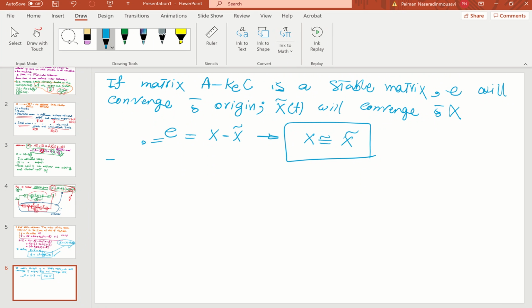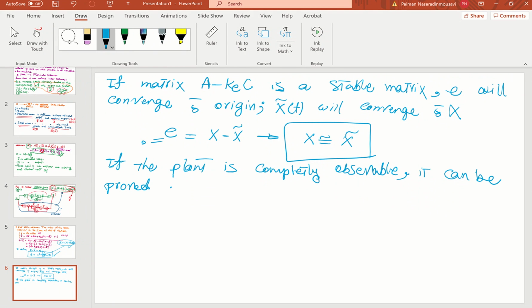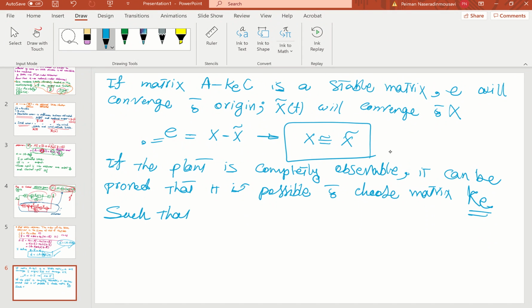That's right. So if the plant, any plant, robotic system, electromechanical system, your car, whatever, is completely observable, it can be proved that it is possible to choose the matrix K_E such that A minus K_E C has arbitrarily desired eigenvalues, or poles.